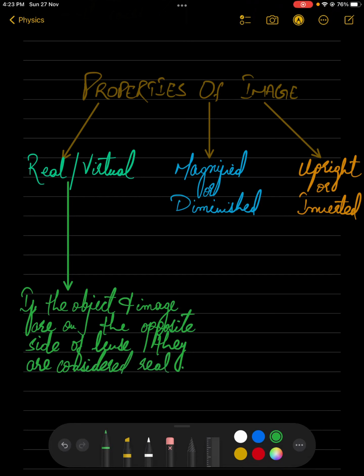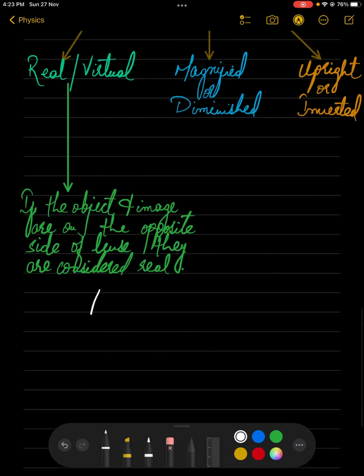Now let's say if I have a lens over here and this lens is creating an image for this object. ये हमारा object है और इस object के लिए हमारी image बन गई है कुछ इस तरीके से. Now this is my image and this is my object.